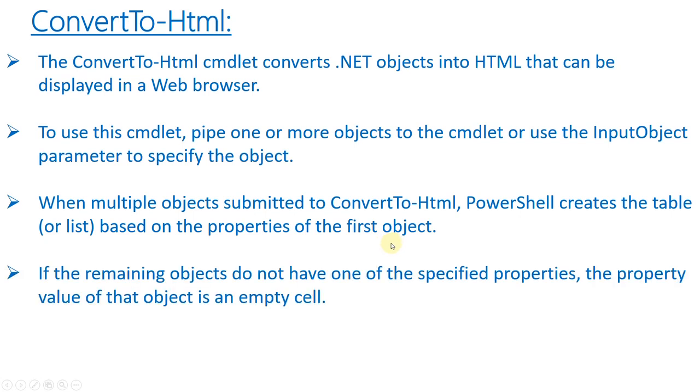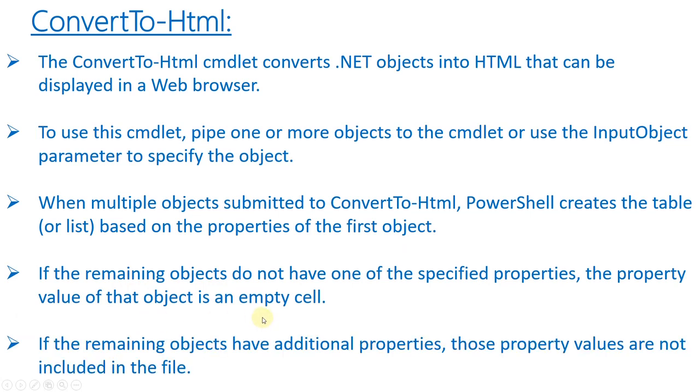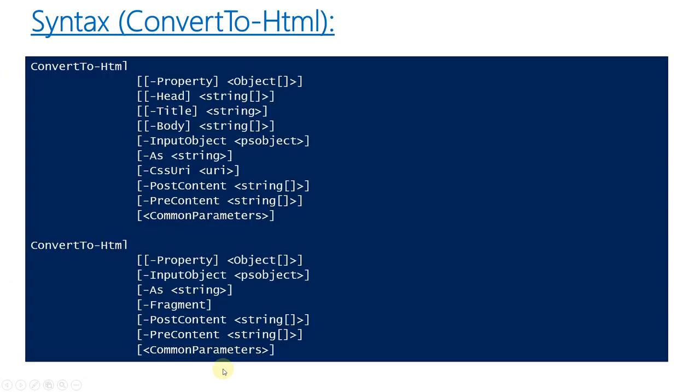In case the remaining objects do not have the specified properties, then the property value for that object will remain empty. And in case any additional properties are there for the remaining objects, then those property values will not be included in the HTML file.